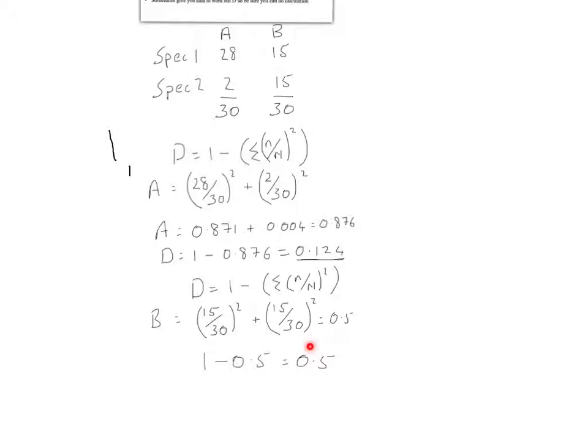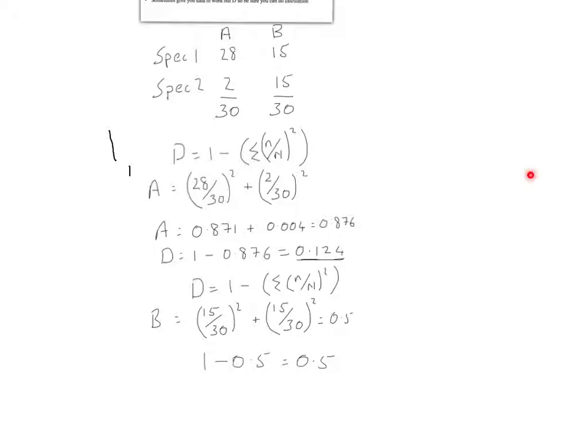Hopefully that gives you a very simple example, and obviously more often we have lots of species, so we might have 10 species, and it will be 10 of these which you have to add up all together to get this value, and then you do the 1 minus of that value. I'll give you a couple of examples to do in class.